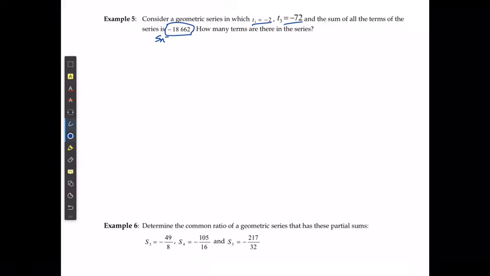Well, I can solve for what the ratio is given the value of term 1 and term 3. It's going to be the 3 minus 1 root of the value of term 3 divided by the value of term 1, or the square root of 36. I'm multiplying it by 6 every single time.